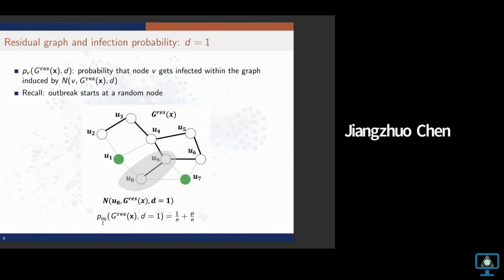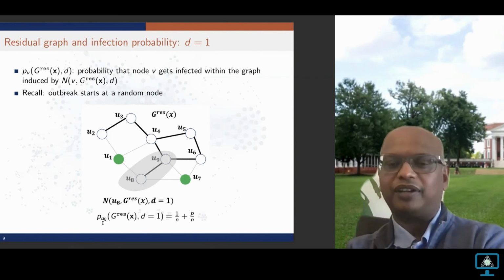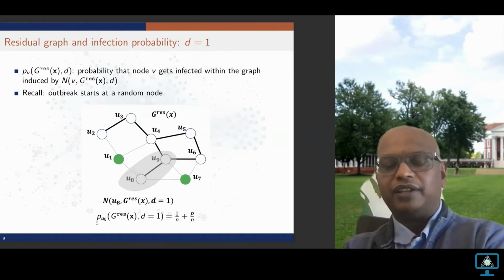Yeah. Okay. It seems to be somewhat dynamic, but it seems that it's limited to D. Yeah, it's using D hops, right?